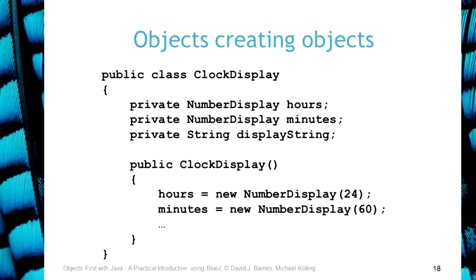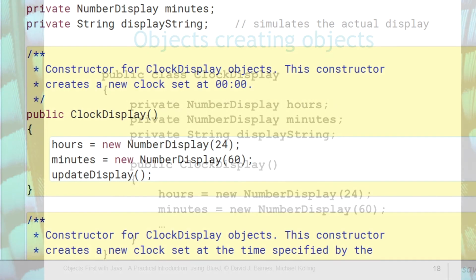To do this, we simply write code in the constructor of the ClockDisplay that creates and stores two NumberDisplay objects. Because the constructor is automatically executed when a ClockDisplay object is created, the NumberDisplay objects will automatically be created at the same time.